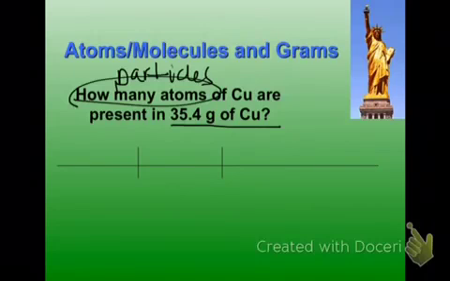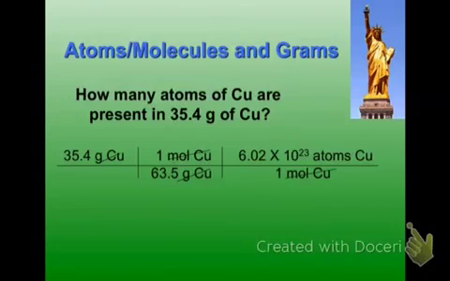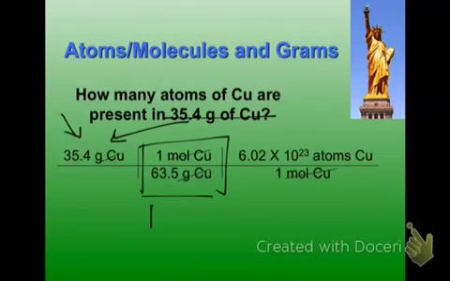So here's how I set up my problem. And notice how my units are canceling out. So 35.4 grams is what I start with. That goes first. That's what I know. Then the next conversion is molar mass, and that's 2 capital M's is my abbreviation for that. The 63.5 grams came from the periodic table.